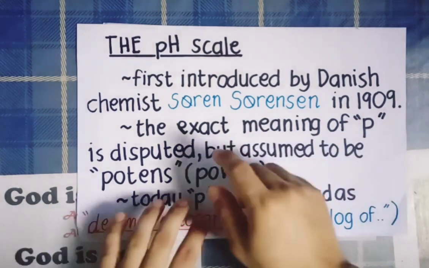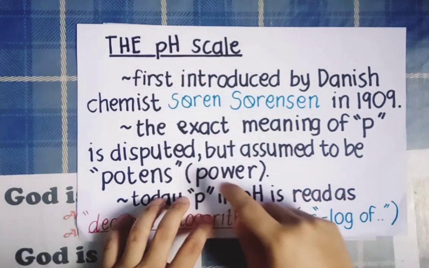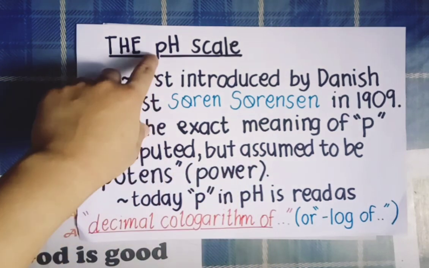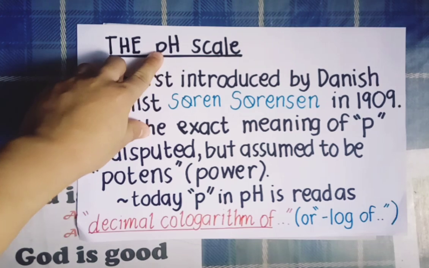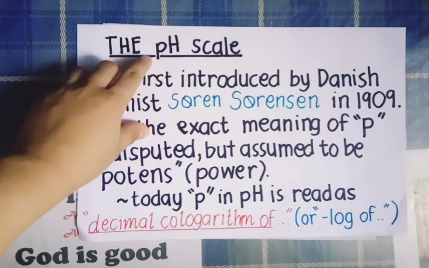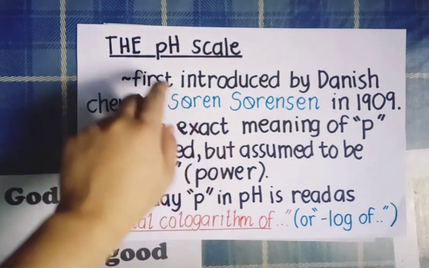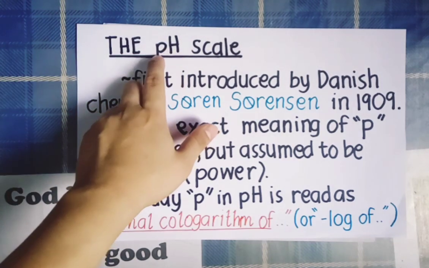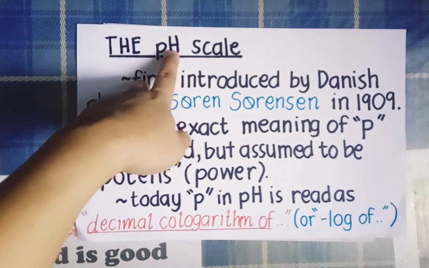The exact meaning of P here is still disputed, but it is assumed to be potence, which is actually the Danish word for power. So this pH here is assumed to be power of hydrogen or potence hydrogen.